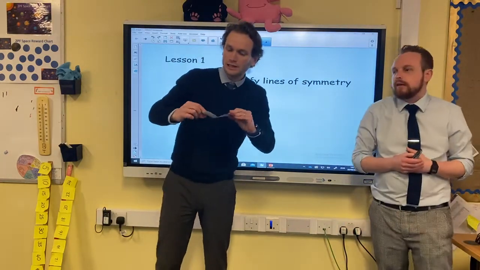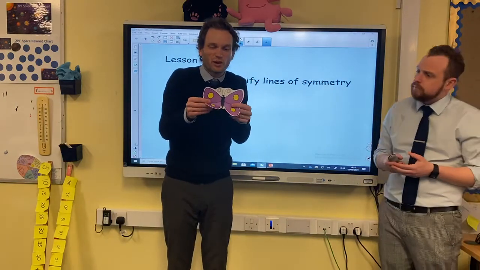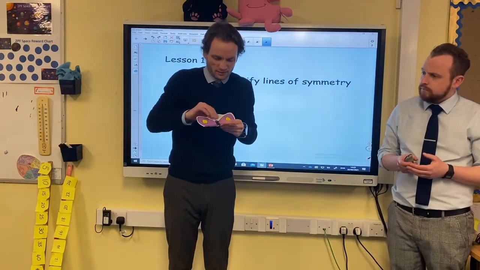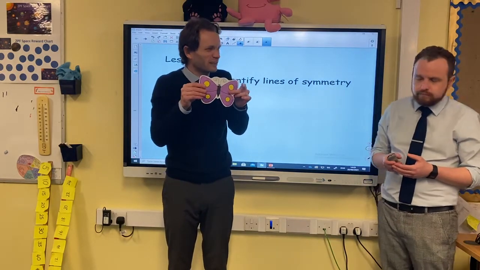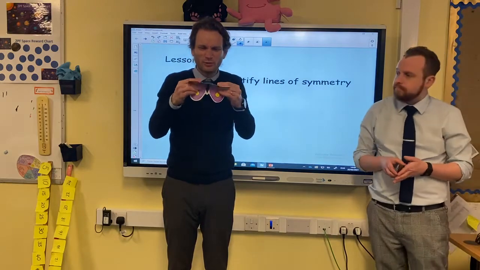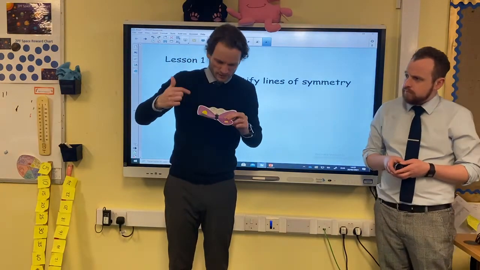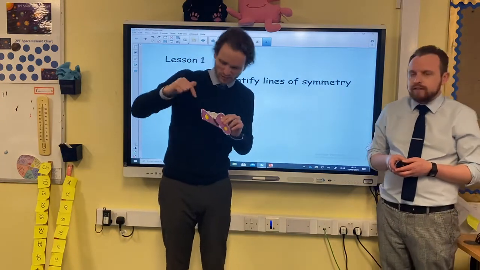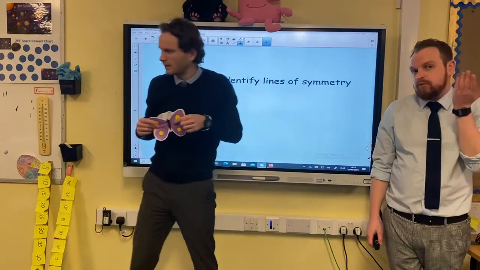Similarly with this butterfly, if we folded it horizontally across, that wouldn't be a line of symmetry. The bottom bit's different to the top bit because you've got the antennae there. It's not a mirror image.